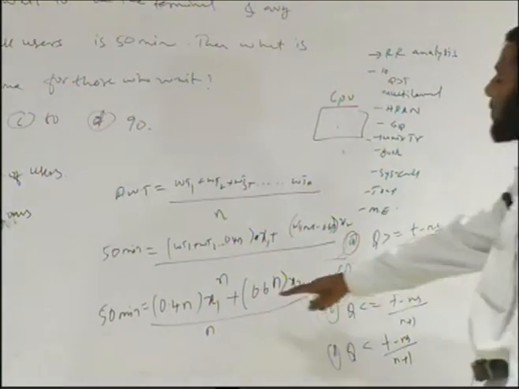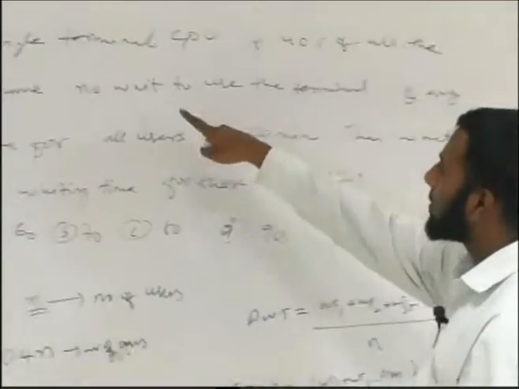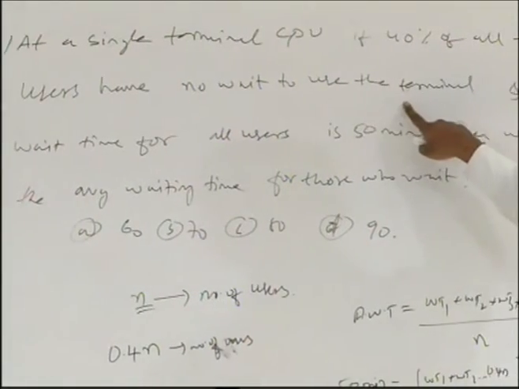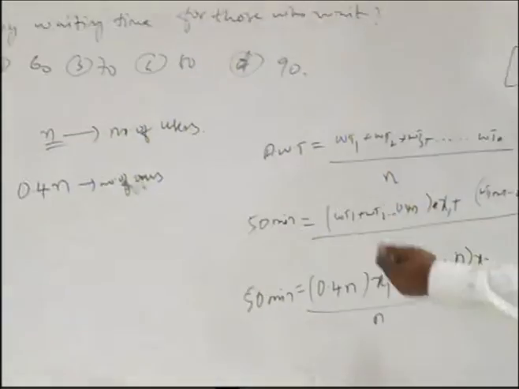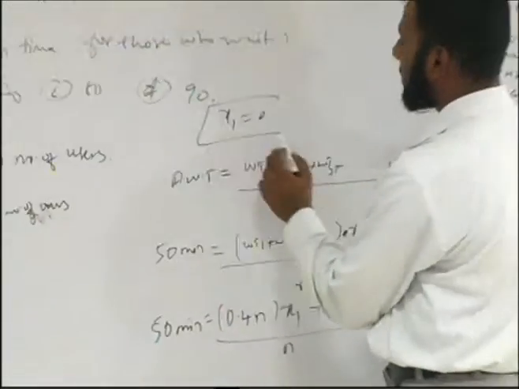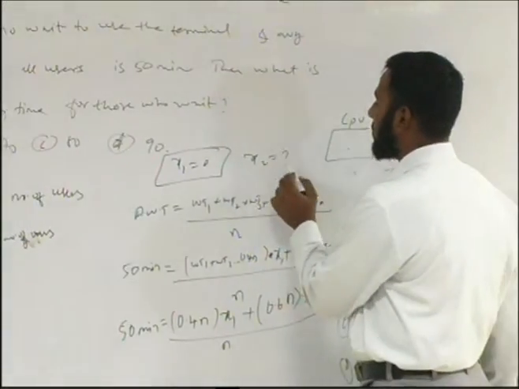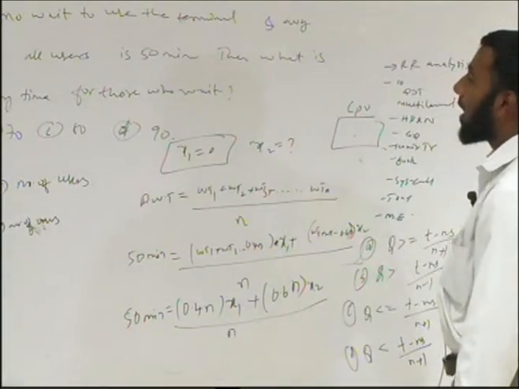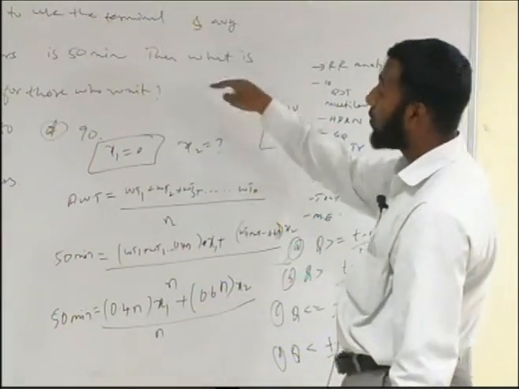But it has been given that 40% of the users need not wait for accessing the terminal, so x1 is 0. When x1 is 0, I have to find out x2, and the average waiting time for those who wait.